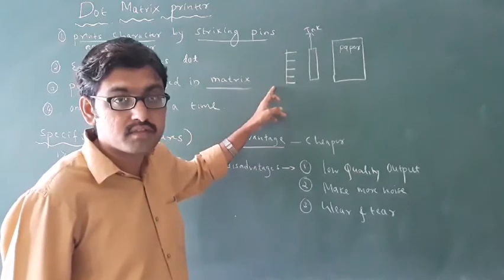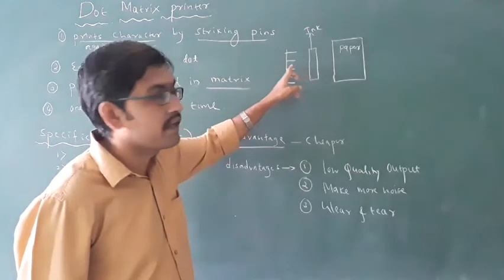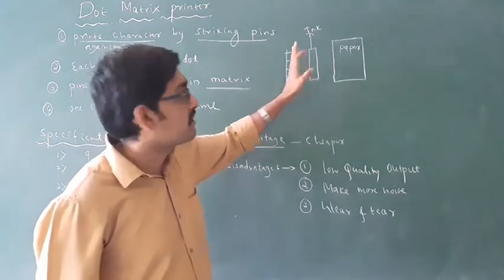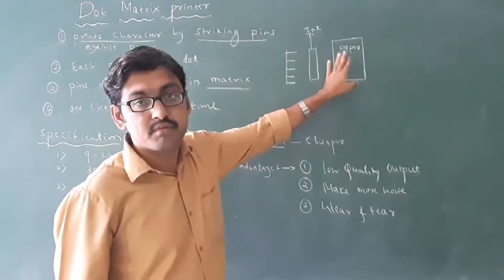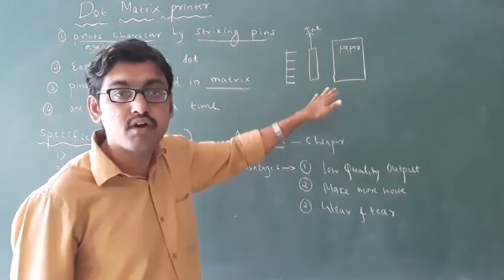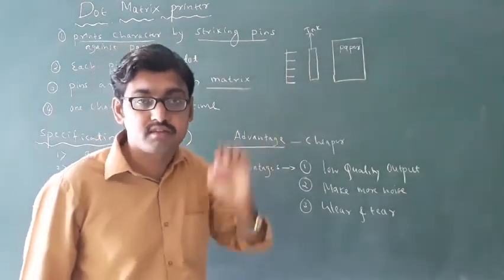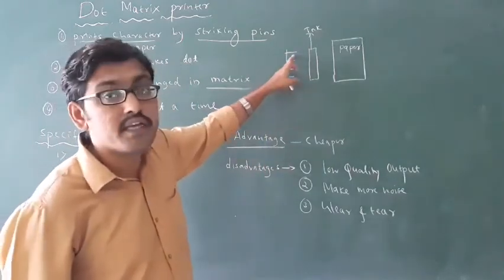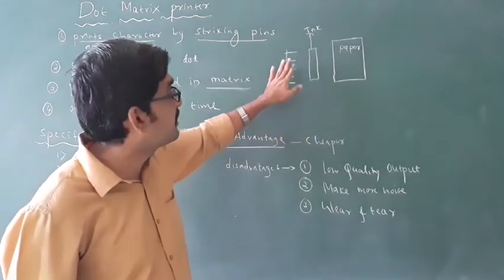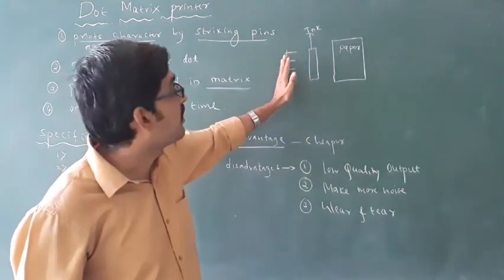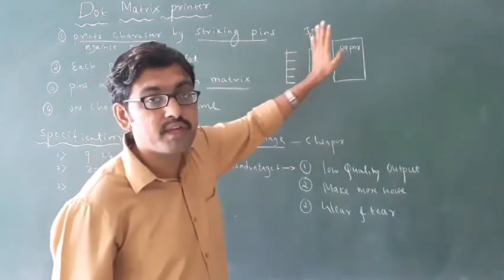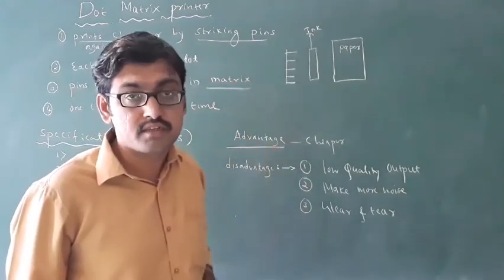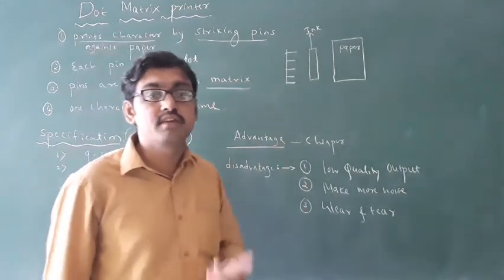It has pins. With the help of ink, the pins strike on the paper, hit on the paper and produce a character. Using the pins, with the help of ink, they strike on the paper and produce one character. This is how it works.